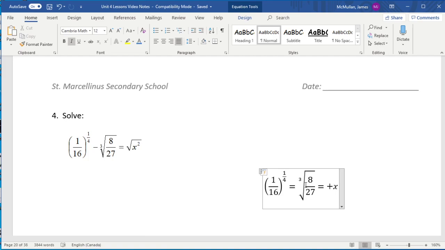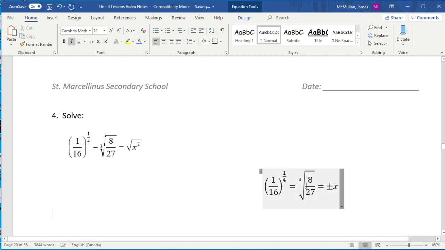So even if x is -3, when you take the square root of -3 squared, you're going to get the positive. It's not really clear from this if it's the function where I only keep the positive, or should I keep both. Let's come back to it. Let's put plus or minus for now, and we'll come back to it and see if it makes sense as an answer when we get to the end.